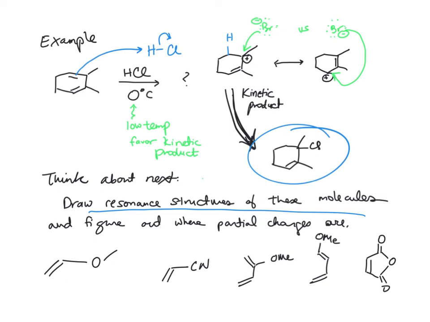And I'll give you a hint with the first molecule. You can draw a resonance structure that pushes electron density to the terminal carbon atom. So we're going to get a partial negative charge there. And I want you to do that for all of these molecules in preparation for the Diels-Alder reaction.